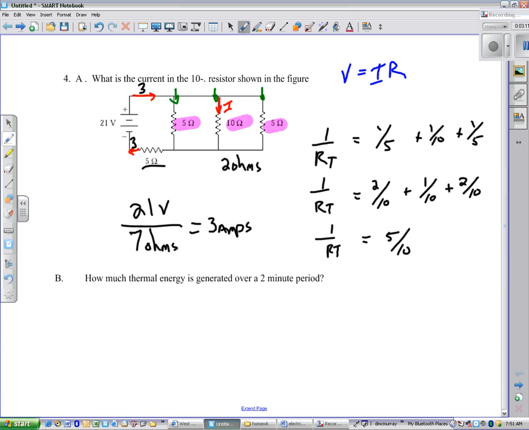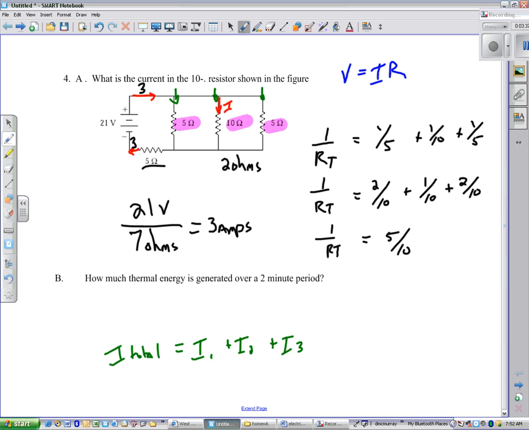It's a 1 to 2 relationship. And so the total current is 3 amps, and we could say I total should be the sum of these three, which we'll call I1 plus I2 plus I3. And so the total is the sum of the three, right?